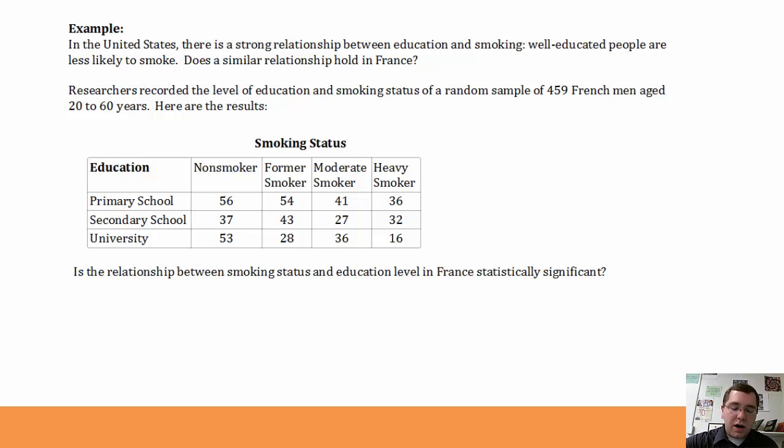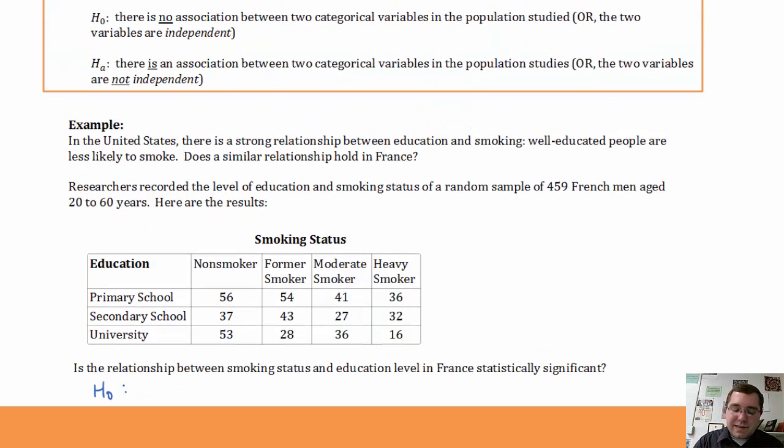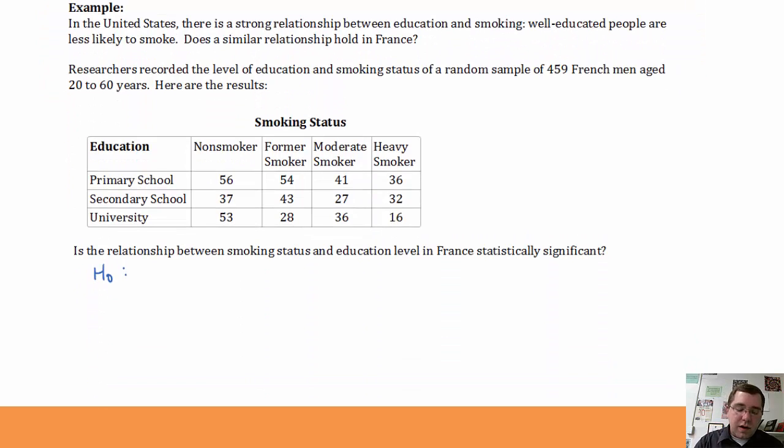So, are education and smoking status independent, or are they associated? Our null hypothesis for a test of independence is always that, yes, they are independent. So, education and smoking status of men, because our sample is all men, we can't generalize it to the entire population of men and women.